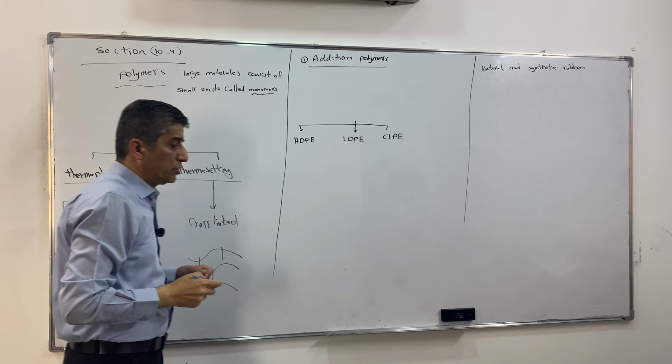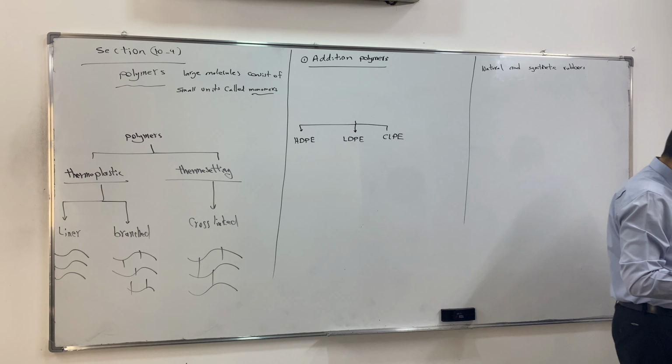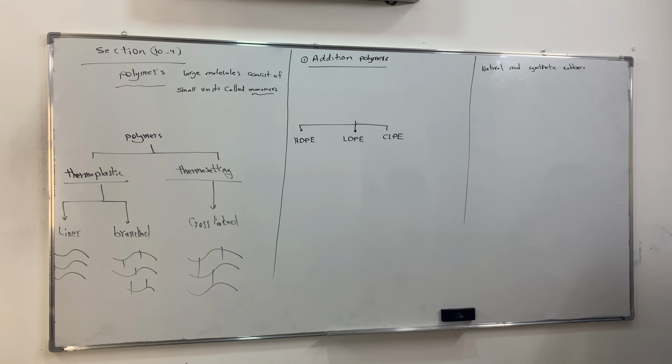Generally, we can define polymers, as in your textbook, as large molecules made of many small units joined to each other through organic reactions. The small units are called monomers. Always, the polymer name comes from the name of the monomer.